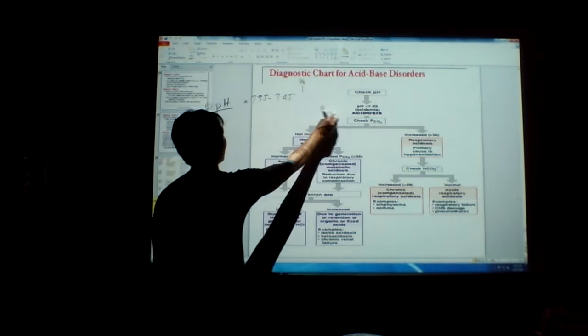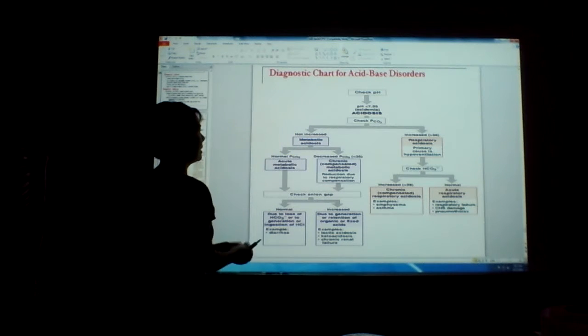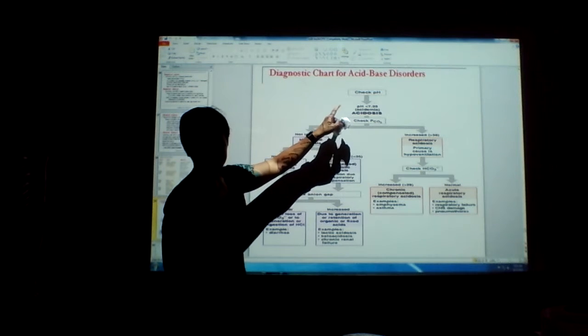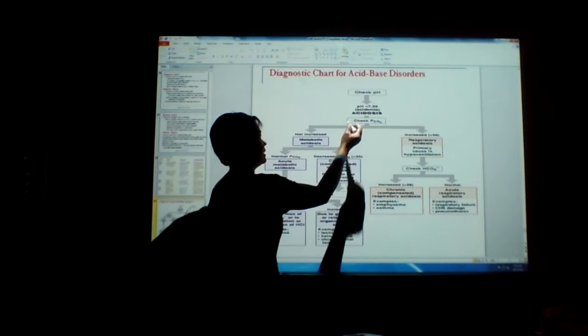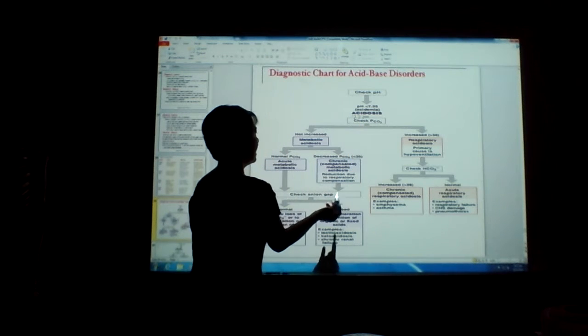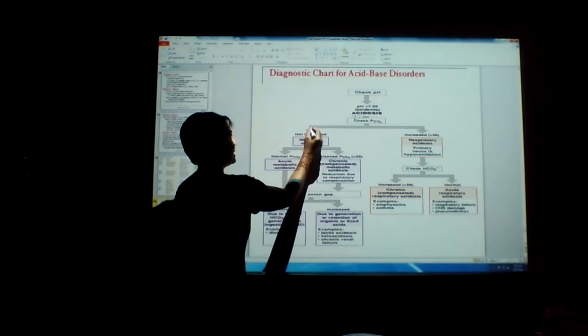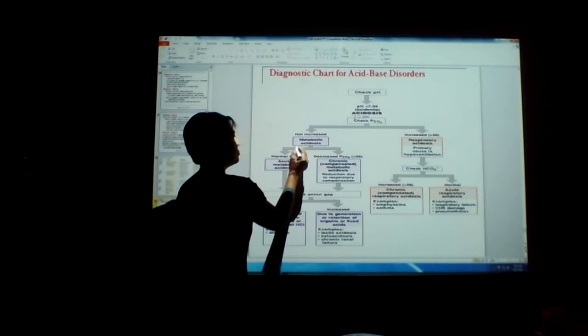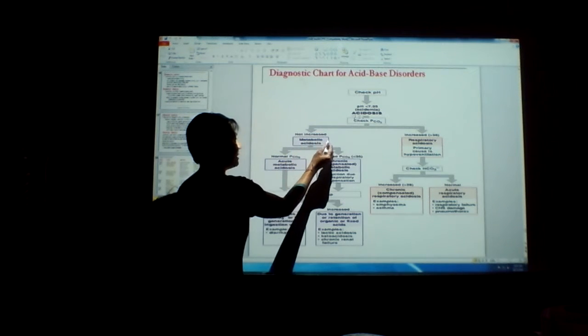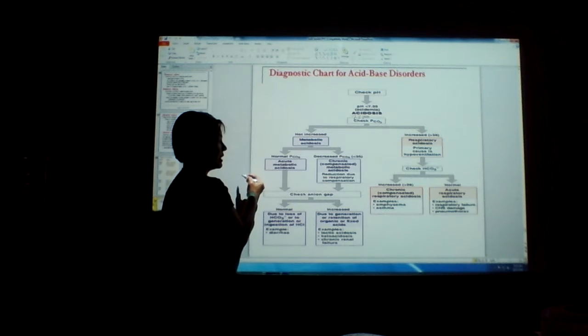Now look at this one right here. The patient is in acidosis still, 7.33 acidosis. I looked at the PCO2. If the PCO2 is normal, then I'm going to say the patient must be in metabolic acidosis.